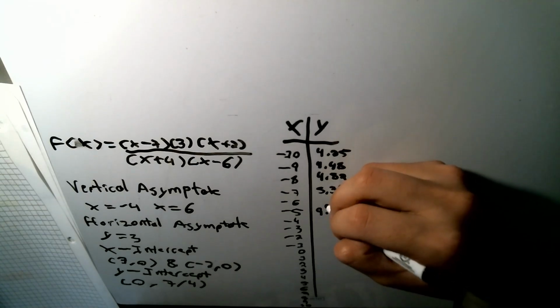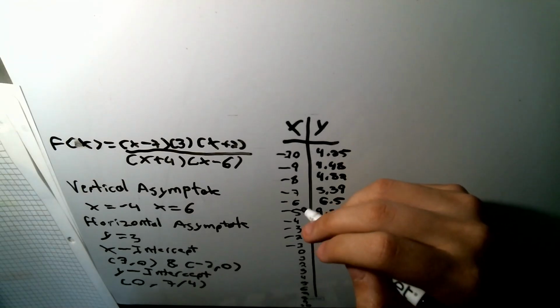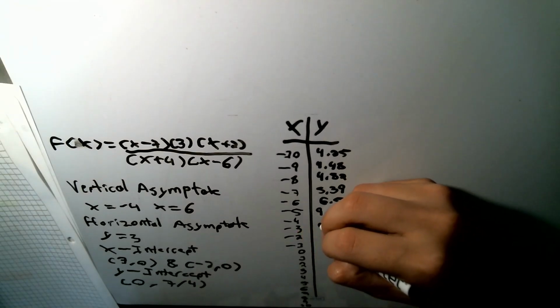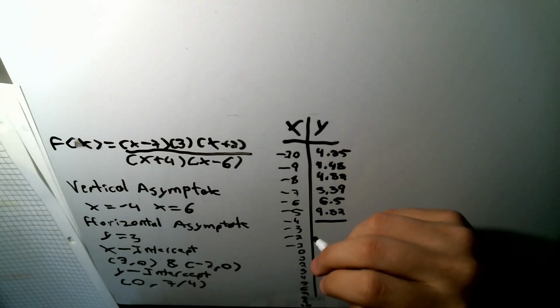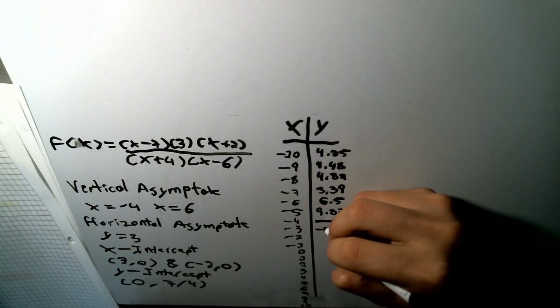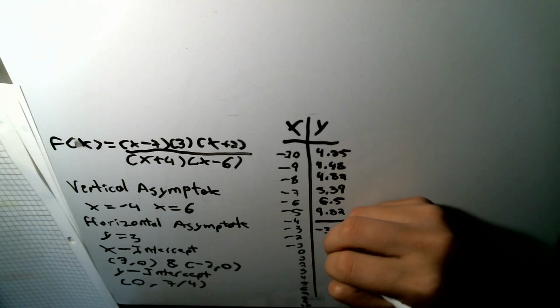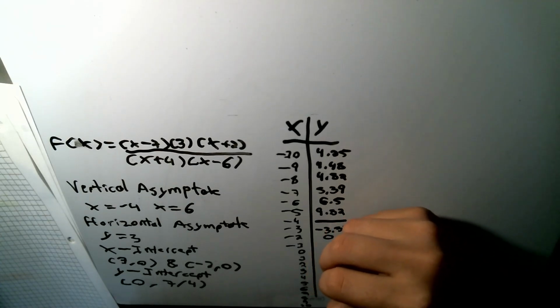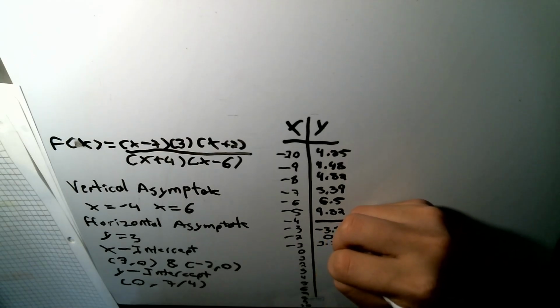Oh, the minus 6 is 6.5. The minus 3 is minus 3.33. The minus 2 is 0. Minus 1 is 1.40.